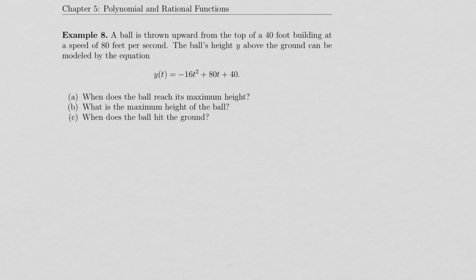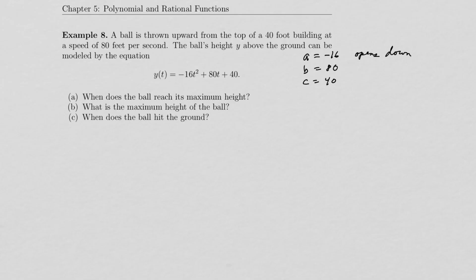Okay, so first of all, this is a quadratic function, right? And it's in general form. So by looking at that equation, we can see that A is equal to negative 16, B is equal to 80, and C is equal to 40. And the negative 16 tells us that it opens downward, which is good, right?